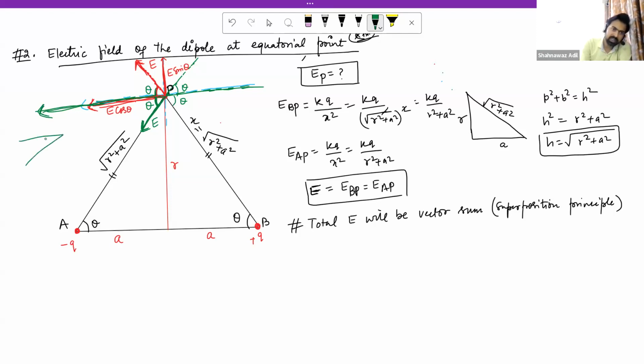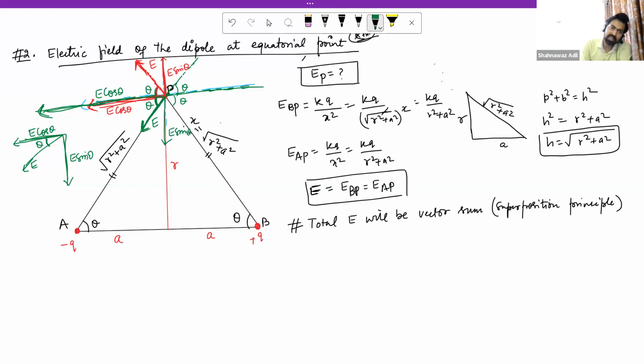This is the vector, right? This is vector E, and these are the two components. What would be this one? This would be E cos theta and this would be E sin theta. Whatever side is making the angle, that is cos theta. So this would be E cos theta, and this would be E sin theta.